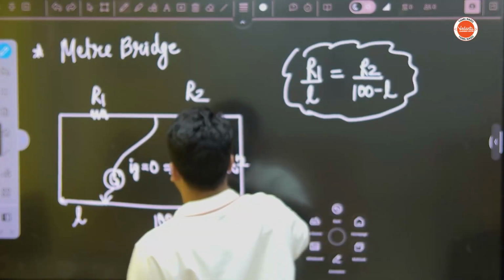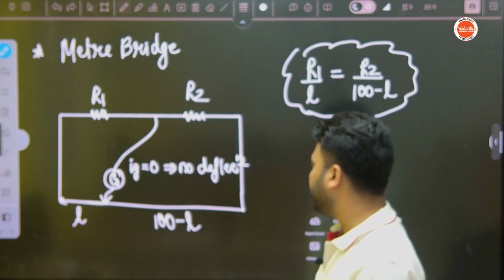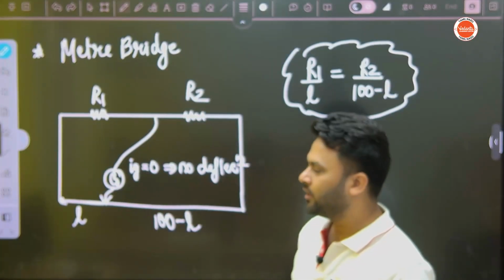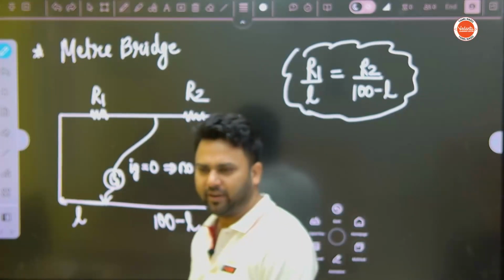For zero deflection, if it is not deflecting, means there is no current, this by this equals this by this. So R1 by L equals R2 divided by 100 minus L.